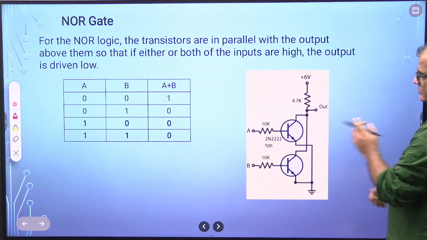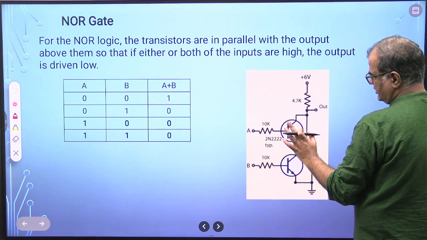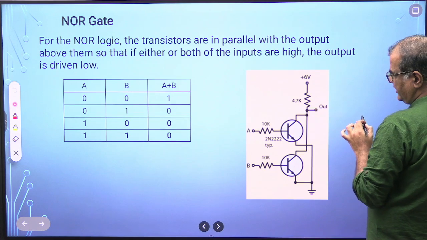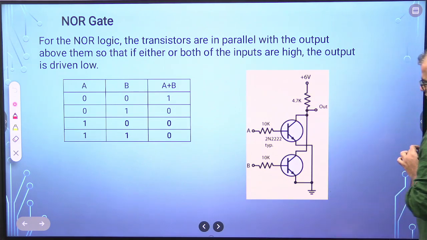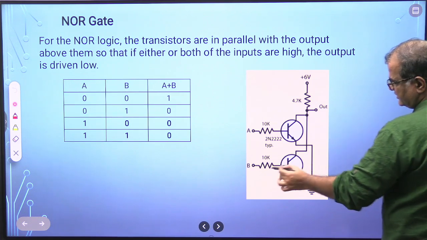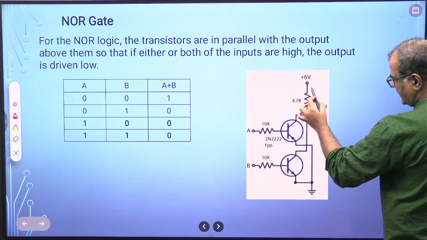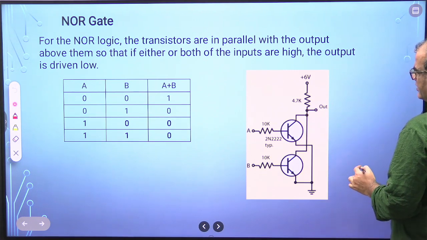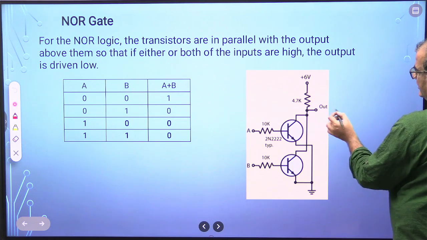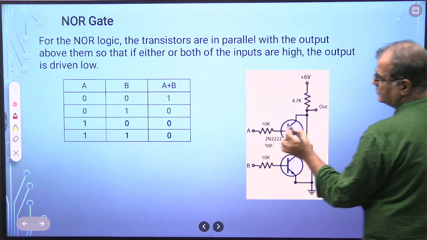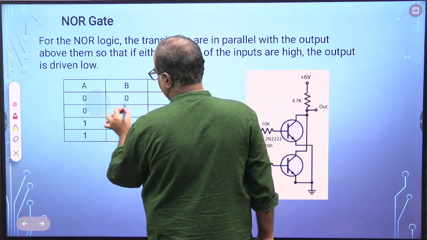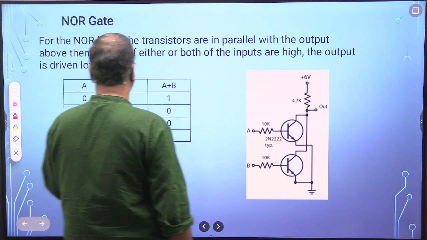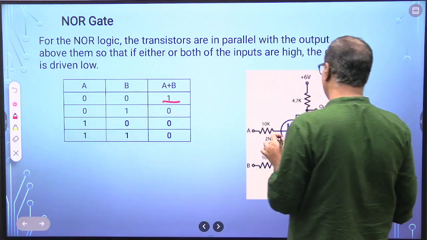If this is 0, this current cannot flow, and this is also 0, so this current cannot flow here either, so the output will come high.